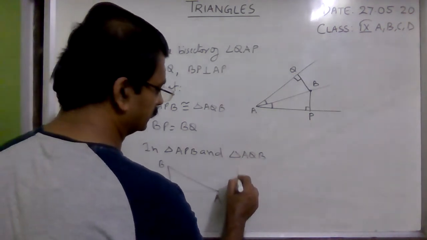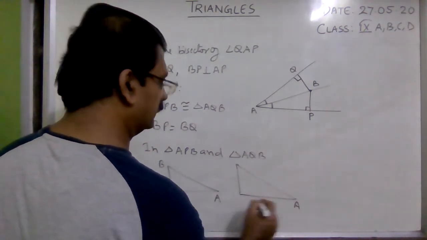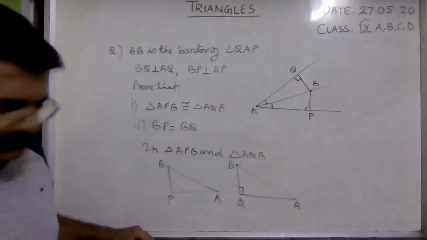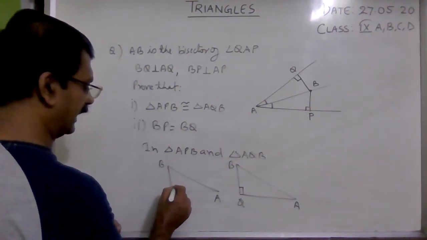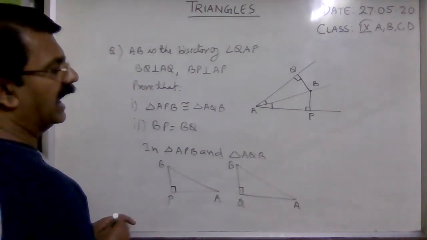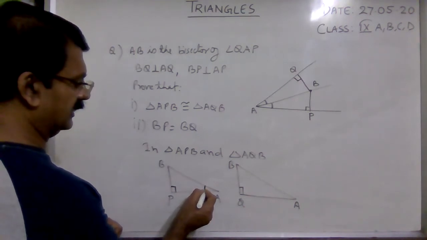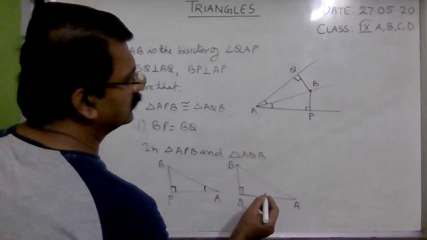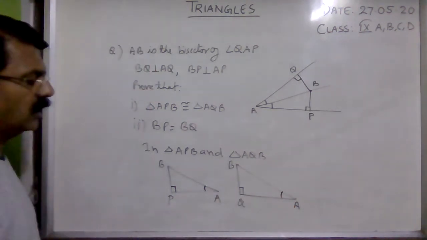In triangle APB, angle P is 90 degrees. In triangle AQB, angle Q is 90 degrees. And angle PAB is equal to angle QAB.